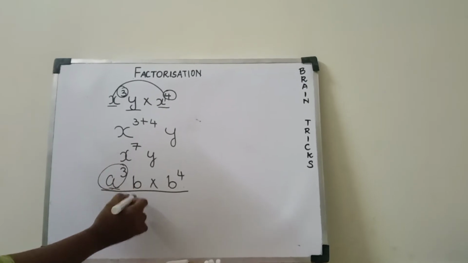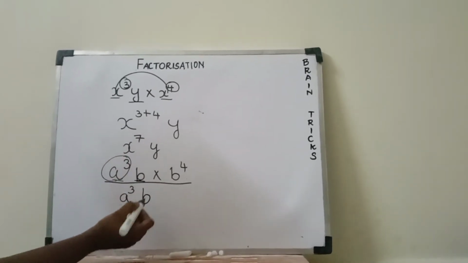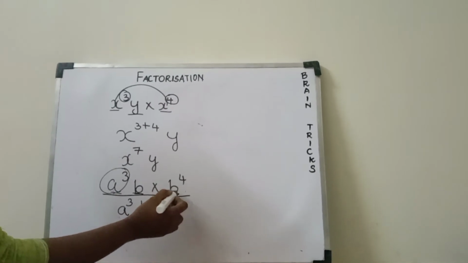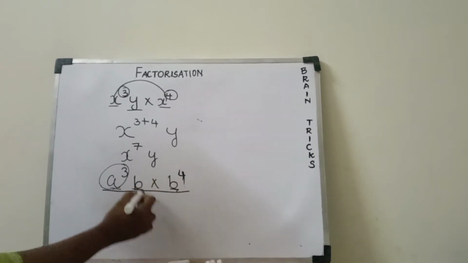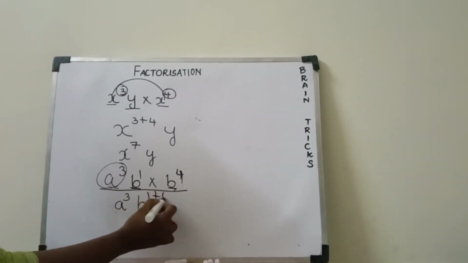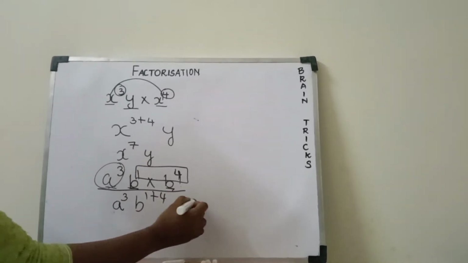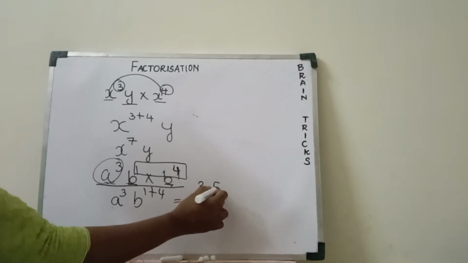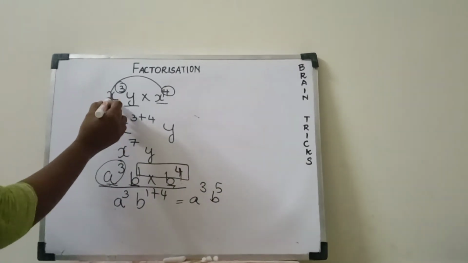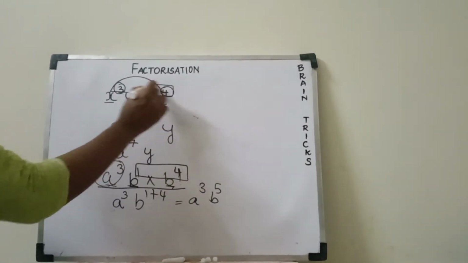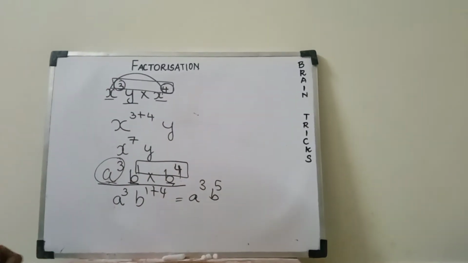Next, I have b in this term, so I am writing b. Then check the second term. This term also has b. So 1 plus 4, I am just adding the powers. So the final answer is a power 3, b power 5. In algebra multiplication, you have to add the powers. Clear?